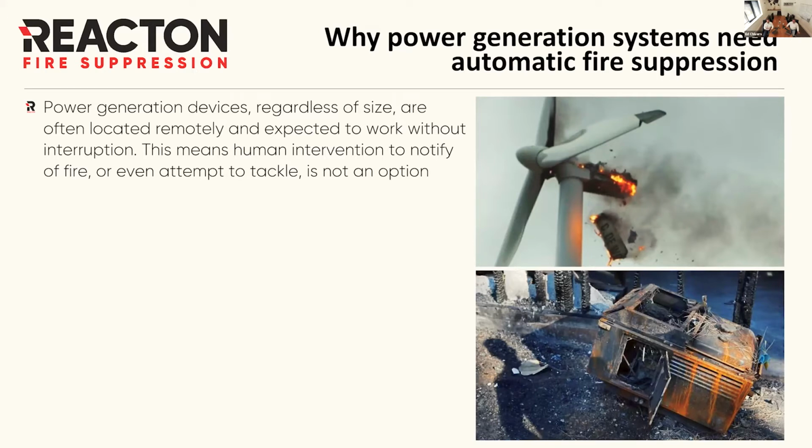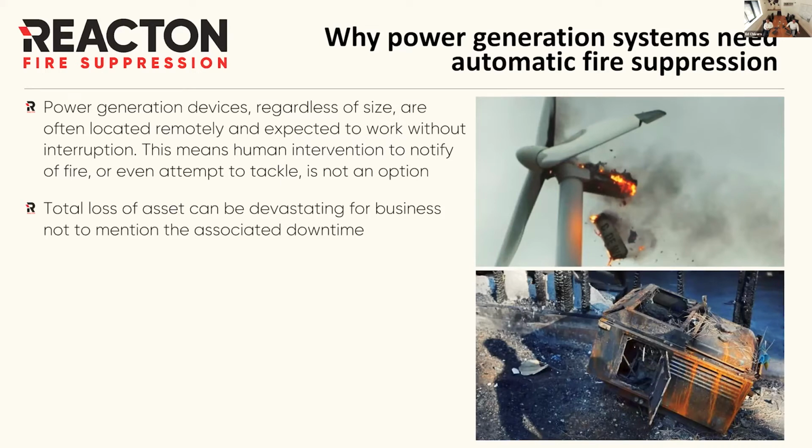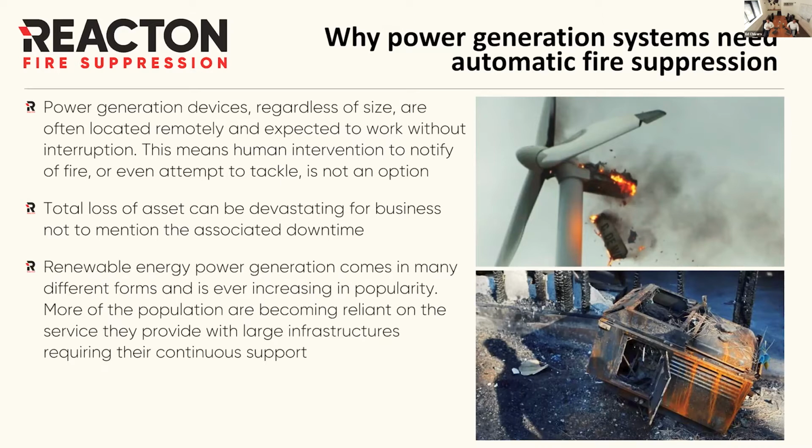That doesn't change, but in these applications, they're typically not manned, so I've not mentioned it on this slide. But the devices, regardless of their size, more often than not are remotely located, and they're expected to work all the time, no interruption, continuous power to your business or whatever you're using that power supply for.